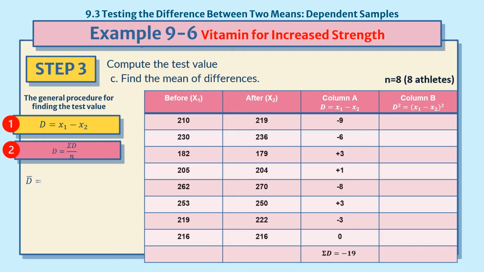We have this formula, D bar equals summation of D divided by n. Our n is 8 and our summation of D is negative 19. So we have negative 19 over 8. Negative 19 divided by 8 is negative 2.375. This will be our mean of differences.